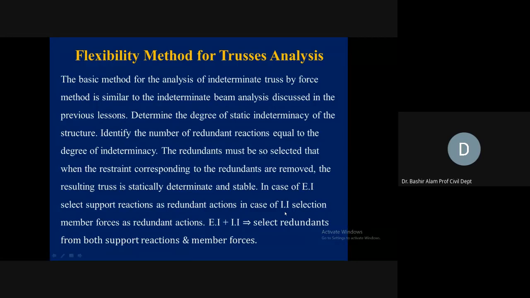We release the member force. Now we'll discuss this. And if a structure is externally as well as internally indeterminate, which we call total indeterminacy, then the redundant actions are taken as support reaction as well as the member forces. So external indeterminacy with the support reactions, internal indeterminacy with the member forces, and the total indeterminacy will be the summation of support reaction as well as the member forces.